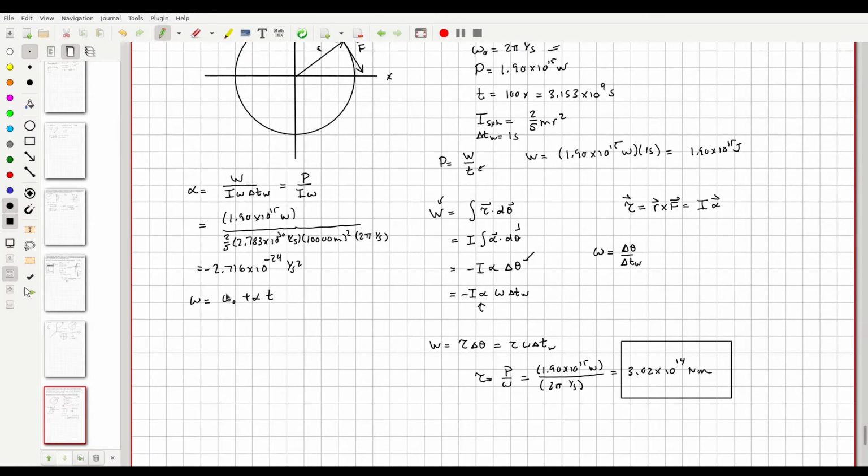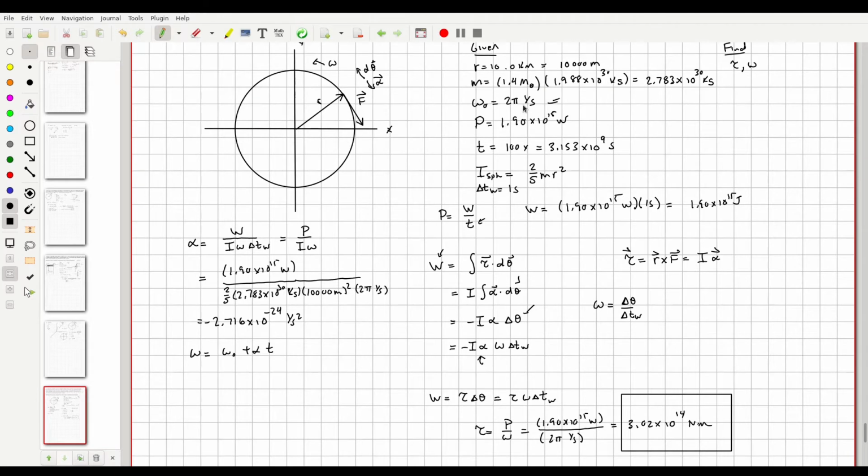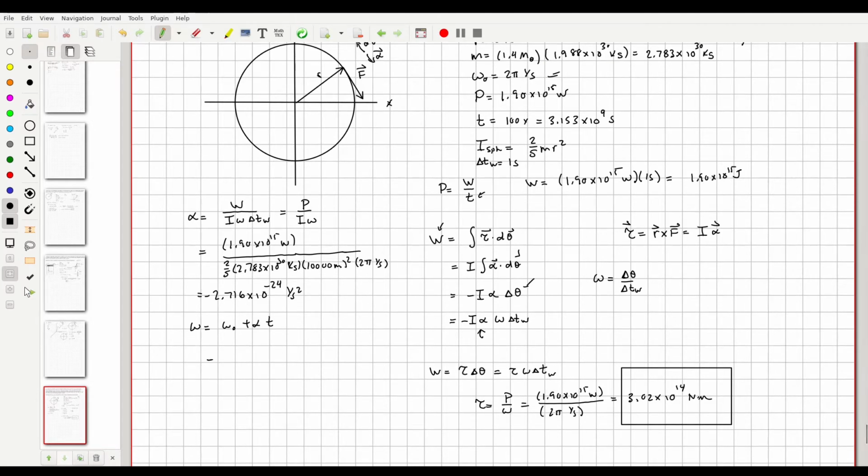My initial angular speed is 2 pi radians per second. My alpha here is minus 2.716 times 10 to the minus 24th radians per second squared. And the elapsed time is 3.153 times 10 to the 9th seconds.